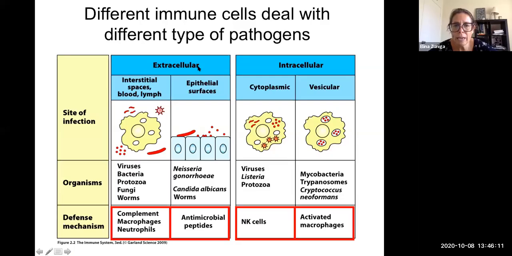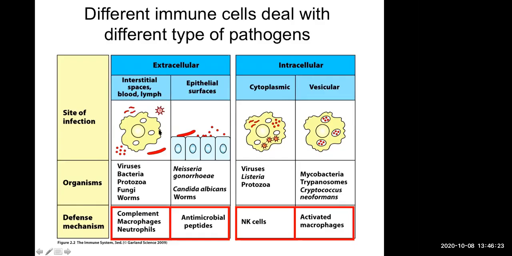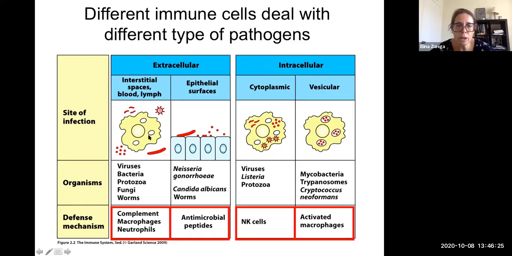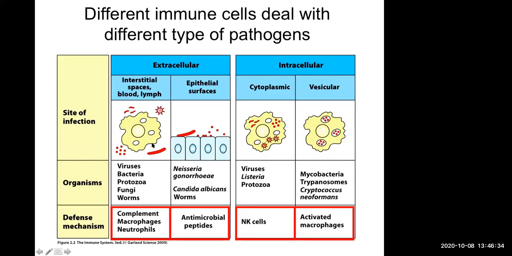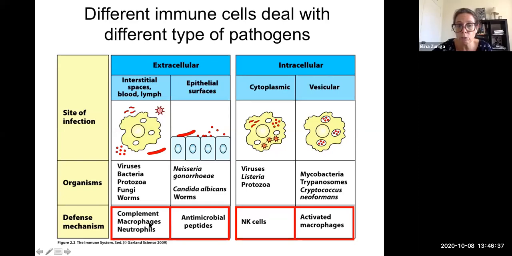If the pathogen is extracellular, it can be localized in the interstitial space between cells, in the blood, or in the lymph, and in that case it will be recognized by complement, which, remember, is in plasma and extracellular fluid, or it may be recognized by pathogen recognition receptors in macrophages, resident macrophages that are in many tissues, and also by neutrophils that are in the blood, for example.